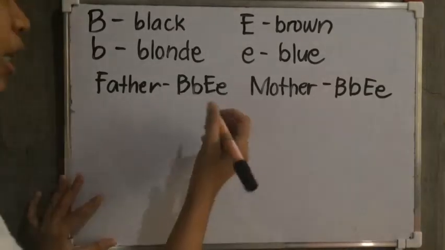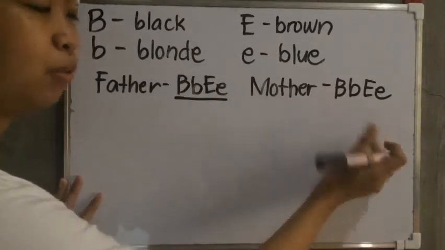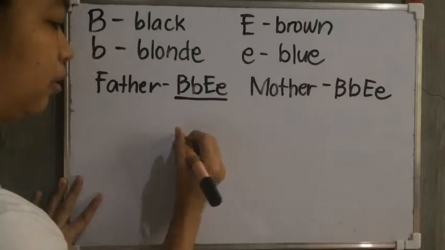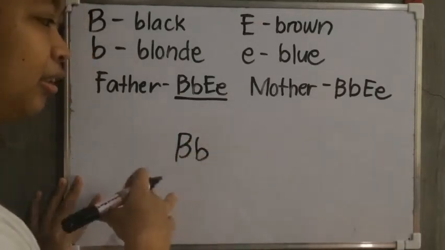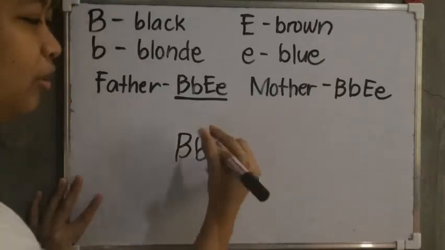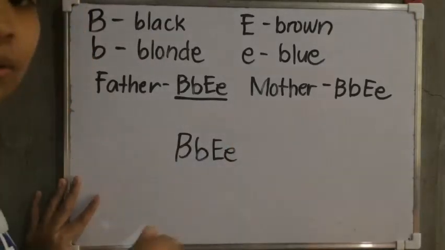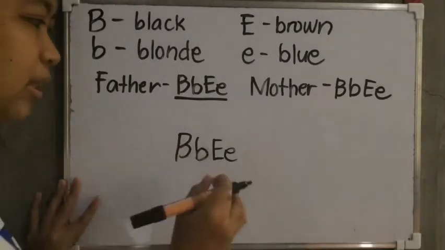So let's have here the gametes of the father. Since pares lang naman sila nung mother, ito na lang yung ipapakita ko sa inyo. Again, we have heterozygous here, and also heterozygous here. So, FOIL method. First, outside.